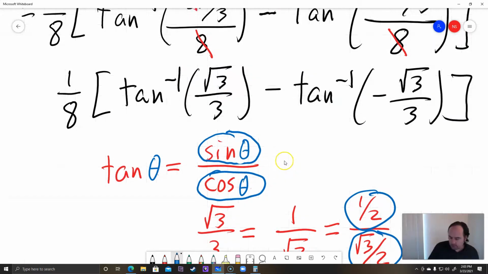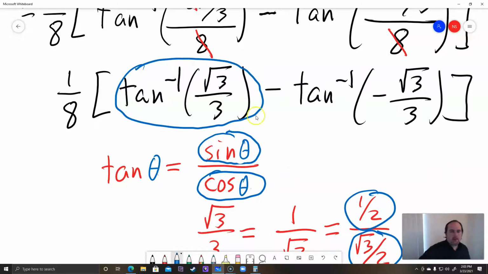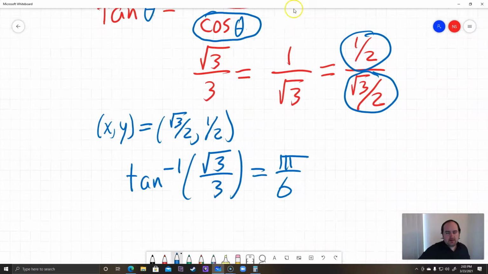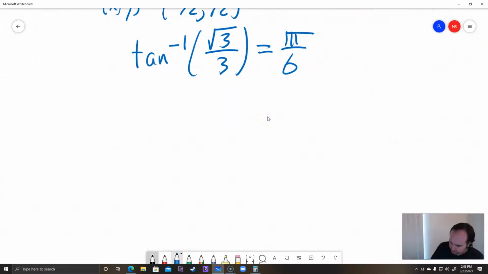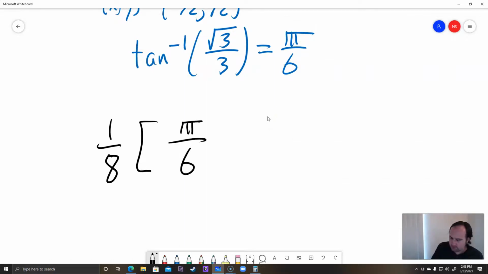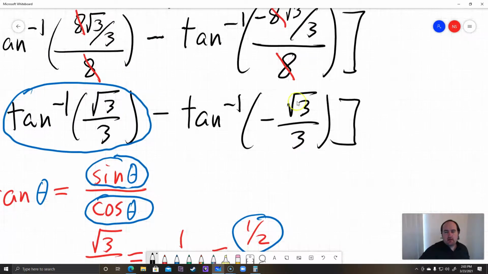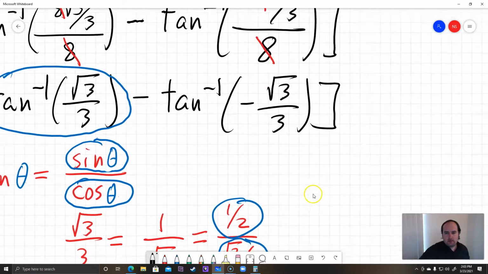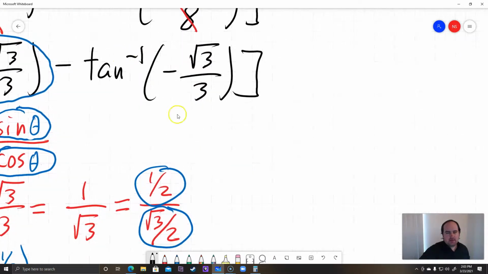All right, so that's what we're going to plug in up here for the tan inverse of root 3 over 3. So what we've got is 1/8 times pi over 6 minus, well, now we have to do tan inverse of negative root 3 over 3. But we can do pretty much the same thing that we did on the other one. So it's going to end up being negative 1/2 over root 3 over 2.